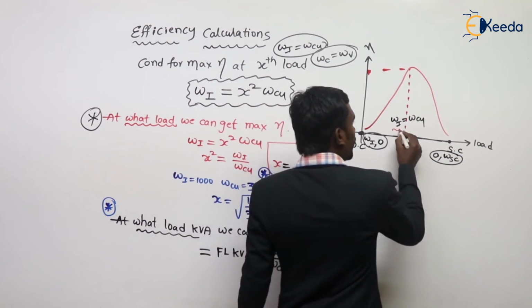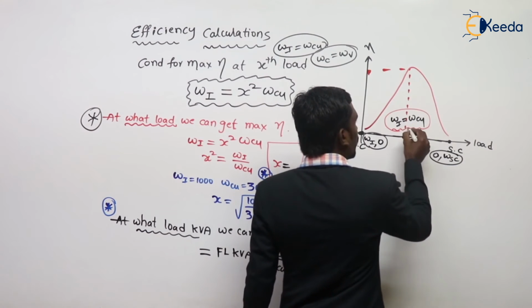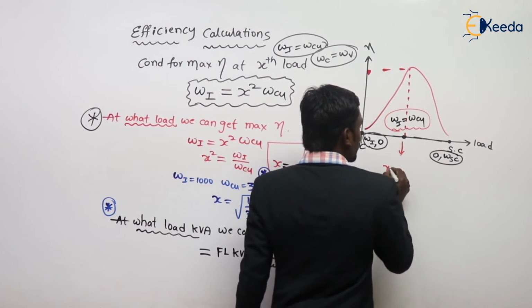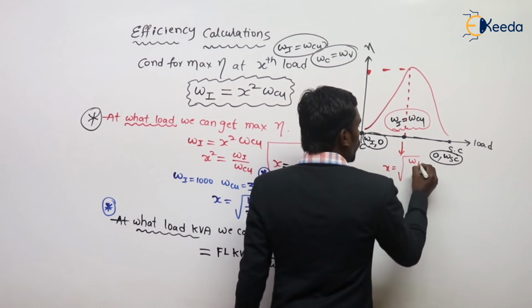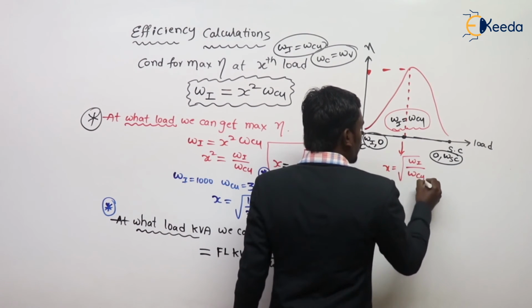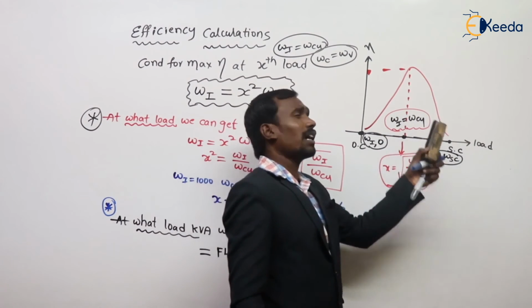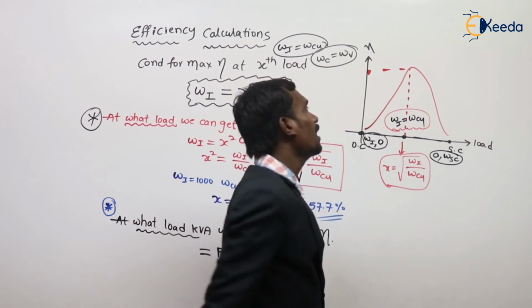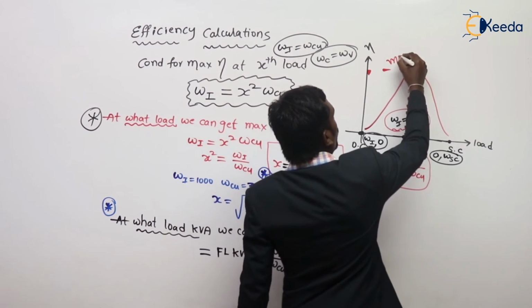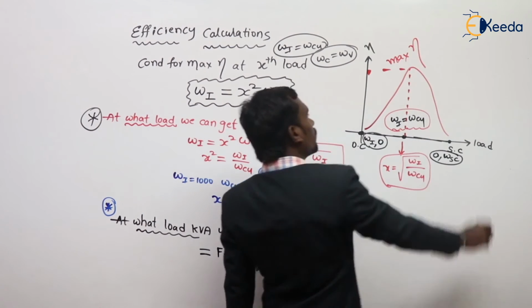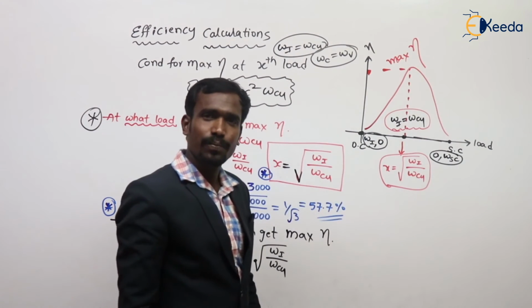When iron losses equals copper losses, we get x equal to square root of iron losses by copper losses. At this x value, the iron losses and copper losses are both equal. At that condition, we can get the maximum efficiency.